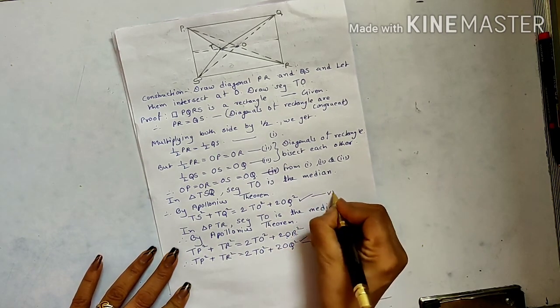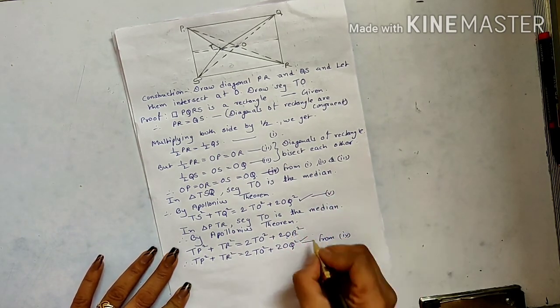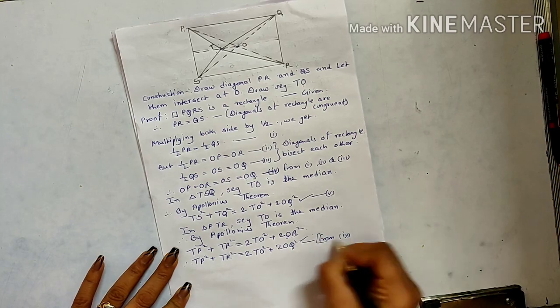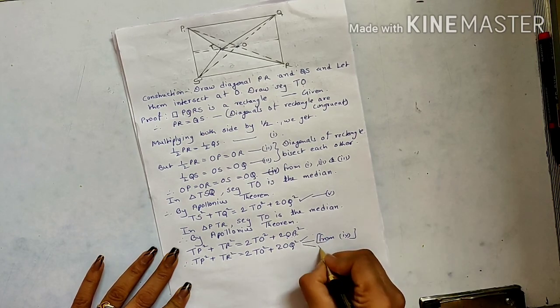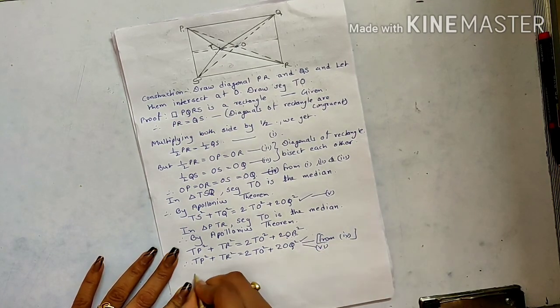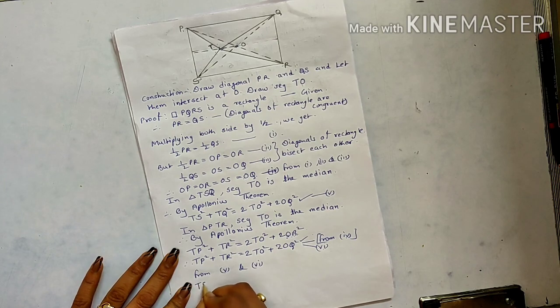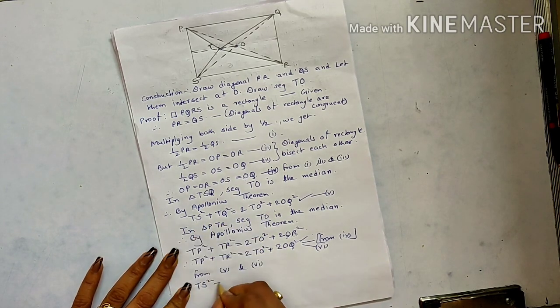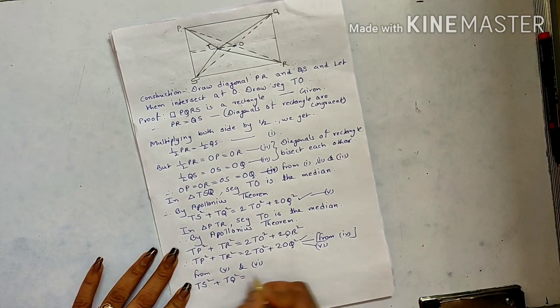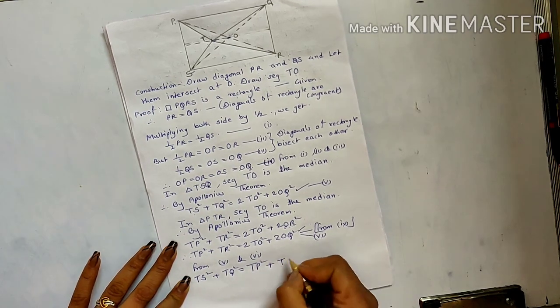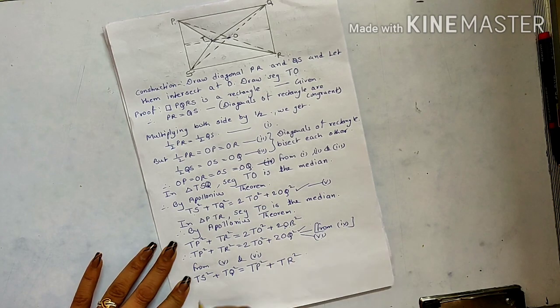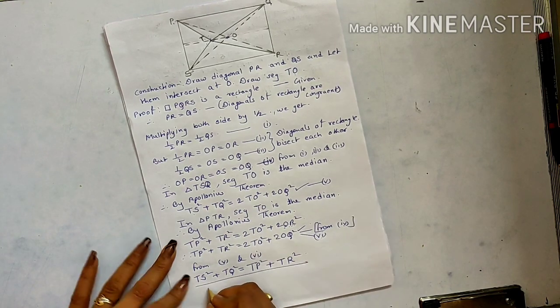Number it as 5 and this one as 6. So from 5 and 6 we can write TS square plus TQ square is equal to TP square plus TR square. Hence it is proved.